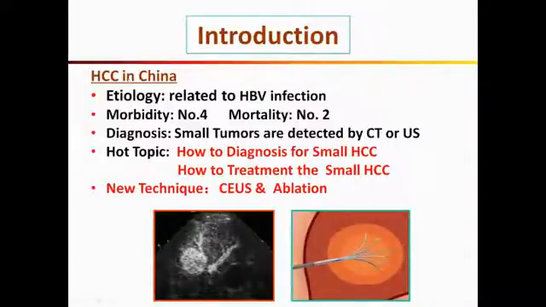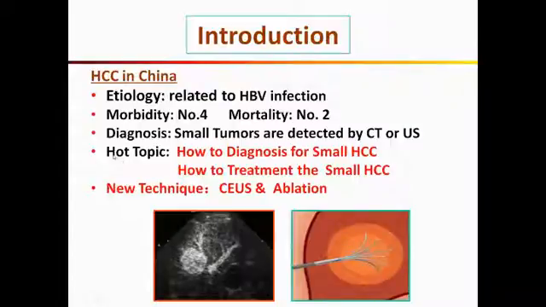Liver carcinoma is very common in China because the etiology is related to hepatitis B infection, and the morbidity is number 4 and the mortality is number 2 in China. But now, by using contrast CT and contrast ultrasound, small tumors are detected very often in our clinical practice.